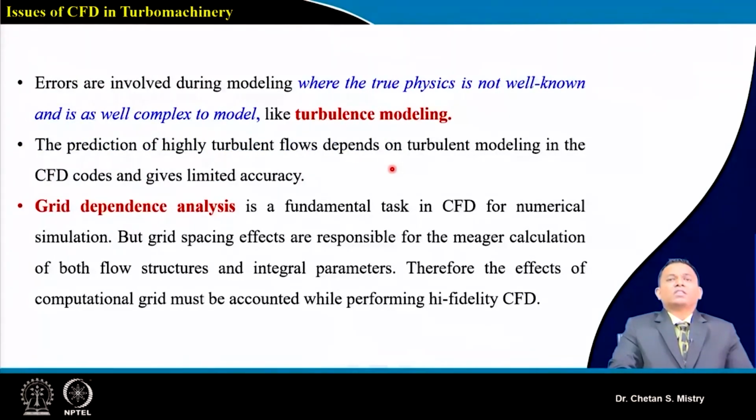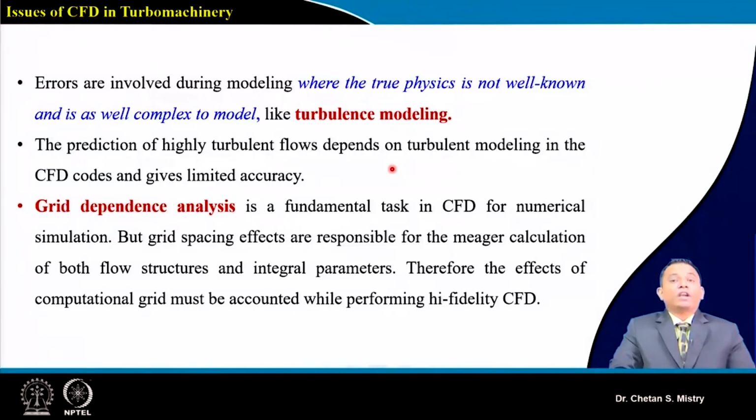Because of these errors, we are unable to understand the actual physics, and until and unless we understand the actual flow field, we are unable to select a particular turbulence model, and that will lead to wrong results, or it is not giving what we are expecting in terms of accuracy.